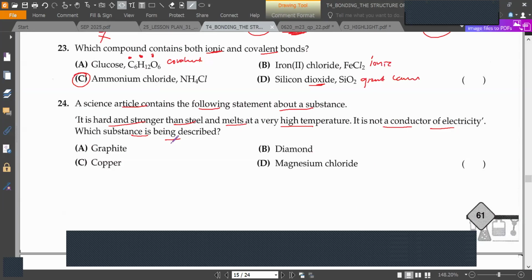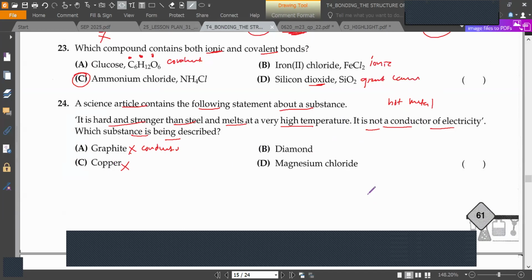It is not a conductor of electricity. Which substance is being described? Non-conductor means it's not a metal. So copper is no. Magnesium, no. Graphite also no, because graphite is a conductor.